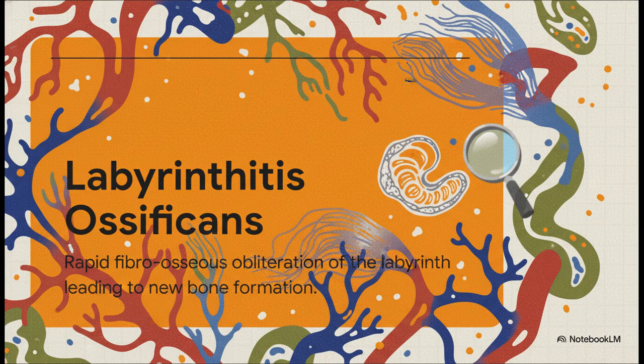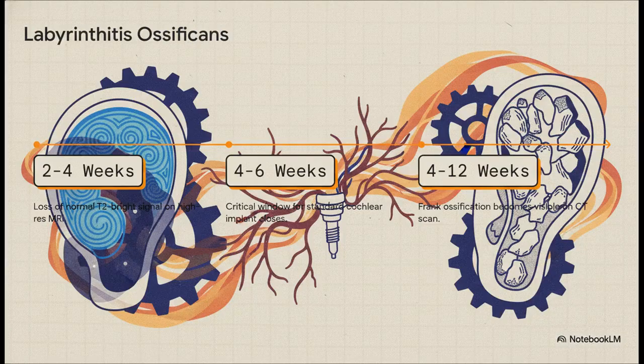This ossification destroys the cochlear lumen, which means standard, minimally invasive cochlear implantation becomes physically impossible if we wait too long. Just look at how fast this biological clock ticks. At just 2 to 4 weeks post-meningitis, the earliest radiological marker appears. You'll see a loss of the normal T2 bright fluid signal on a high-resolution MRI, specifically FIESTA or CISS sequences.